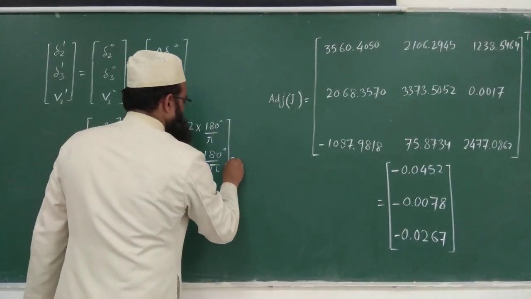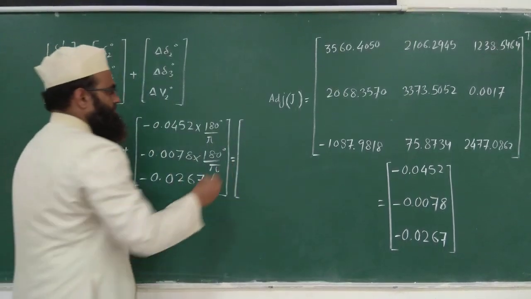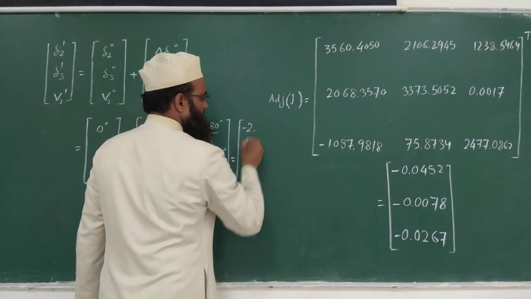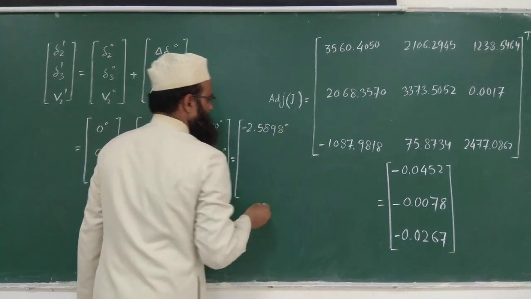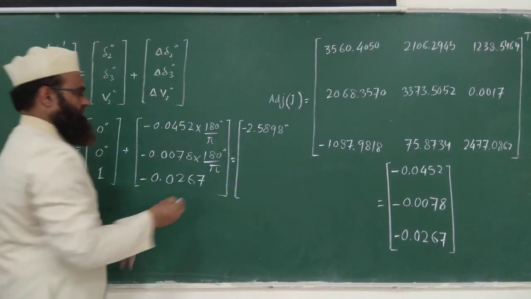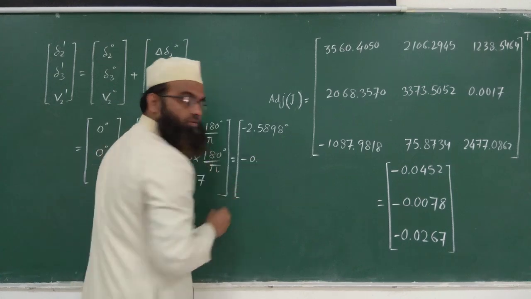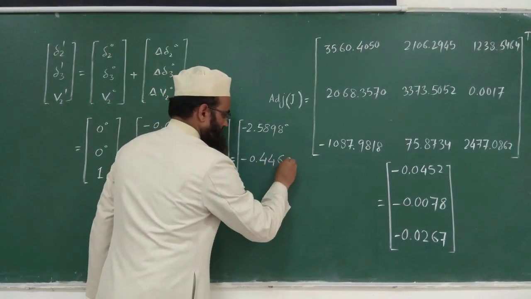So finally, tell me how much you are getting? Minus 2.5898 degree, right? Next, minus sign, right? Minus 0.44 degree.